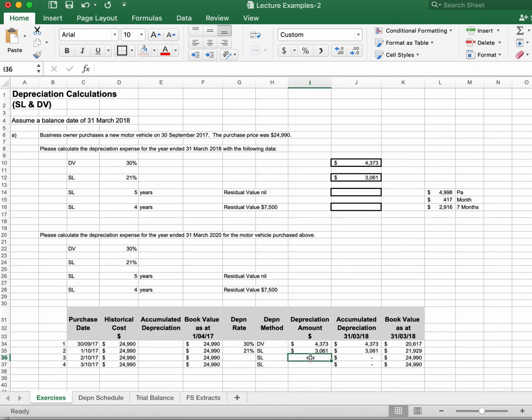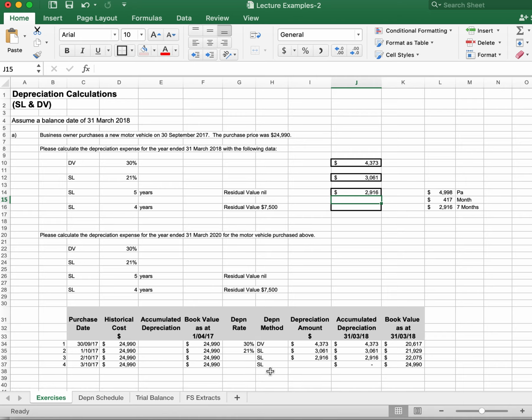So what I'm going to do in there is it's that, because it's only 7 months. And that gives us the answer. I can pick up the answer from up there or down here. So that's fine.